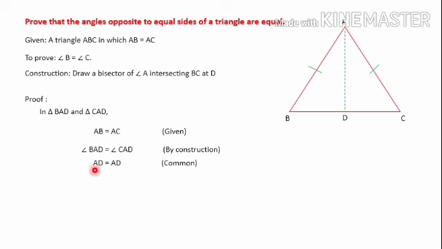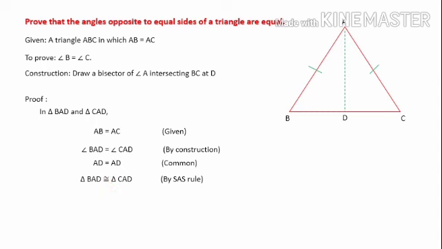Then when you check two sides and the included angle, the two sides AB and AD, and AC and AD, are equal, and the included angles, angle BAD and angle CAD, are also equal. So these two triangles are congruent. Triangle BAD is congruent to triangle CAD by the SAS rule.